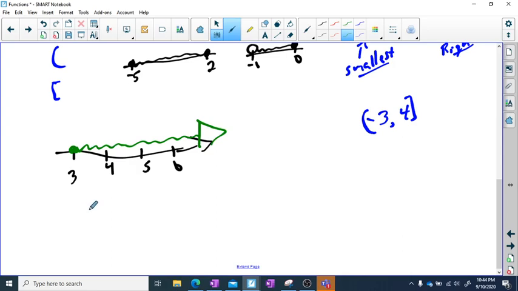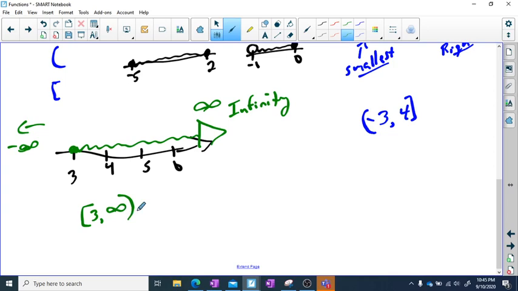So the way this would go would be, 3 is the smallest number in the set, and I include it, comma, but this goes forever. So when it goes forever, we use the symbol that's kind of like a sideways 8, and that's called infinity. We will do one here in a moment where it goes forever this way. That is what we refer to as negative infinity. So this would be from 3 to infinity. Now infinity is not a number you can ever actually equal, so infinity or negative infinity always has a round bracket on it.